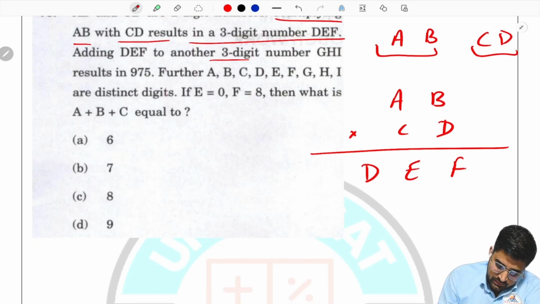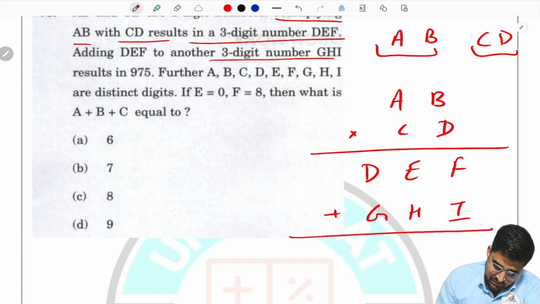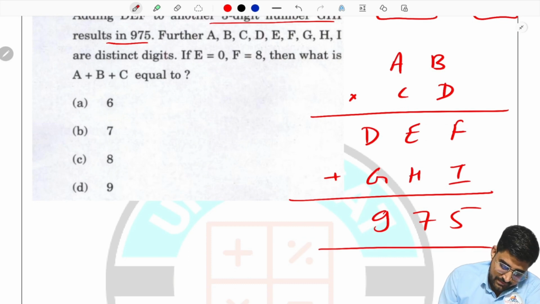Adding DEF to another three-digit number GHI results in 975. Further, A to I are distinct digits, meaning all are different. And if E is equal to 0 and F is equal to 8, then what is A plus B plus C equal to?